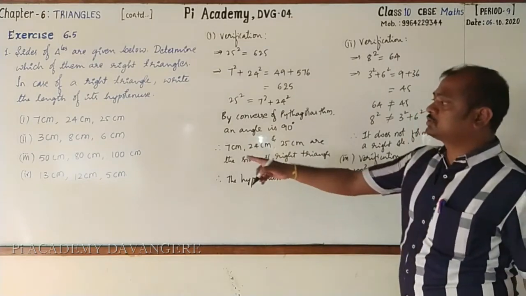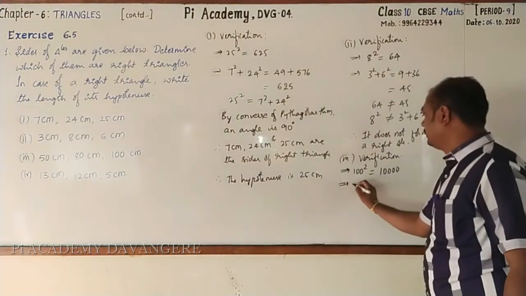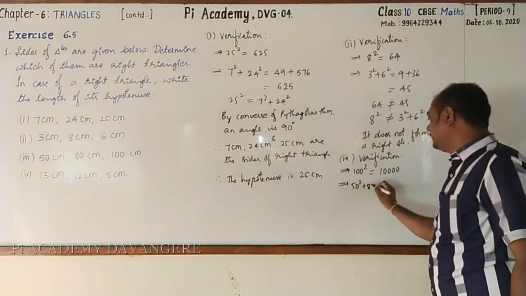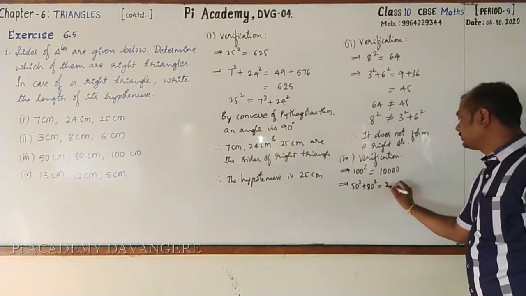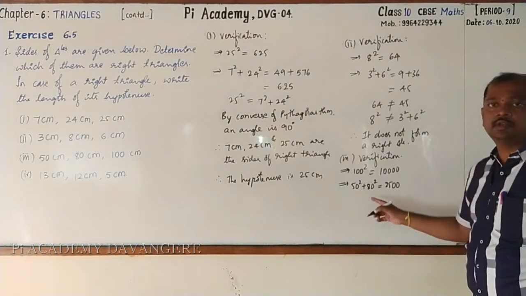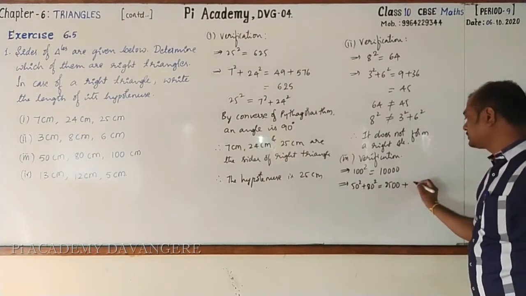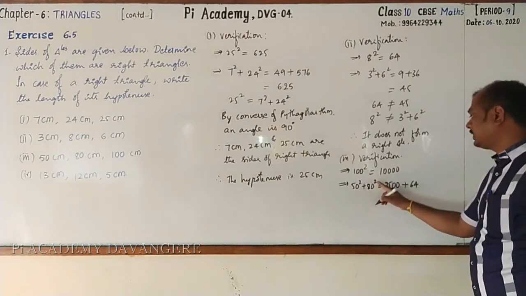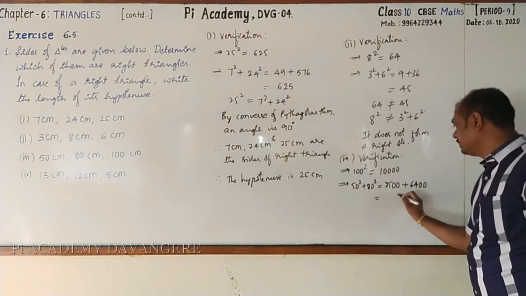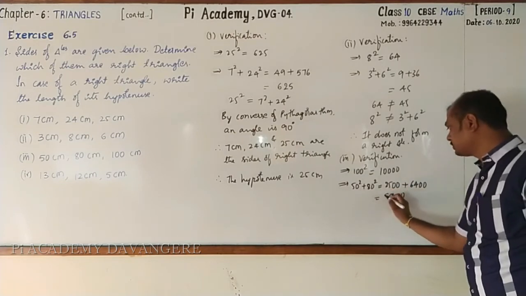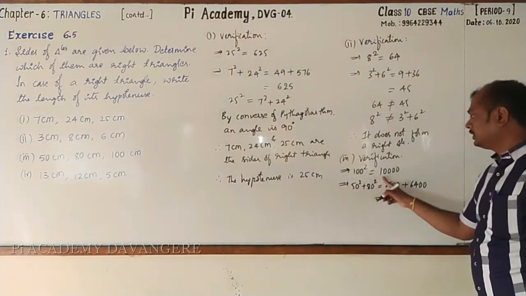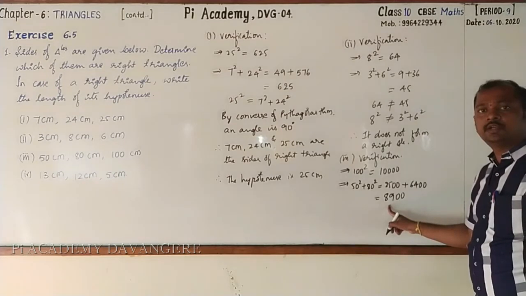Next, the other two sides, 50 and 80. 50 square plus 80 square. 50 square: 5 fives are 25, and you have to write 2 zeros. Plus 80 square: 8 square is 64, then 2 zeros. Adding, we get 8,900. Is 10,000 equal to 8,900?